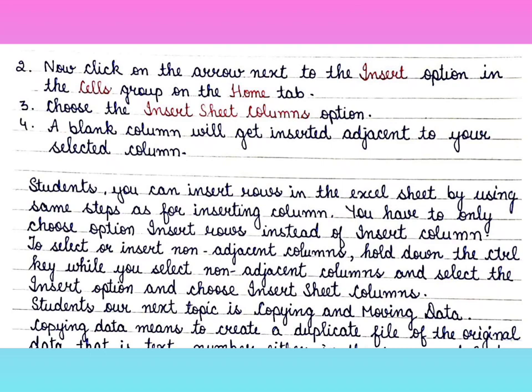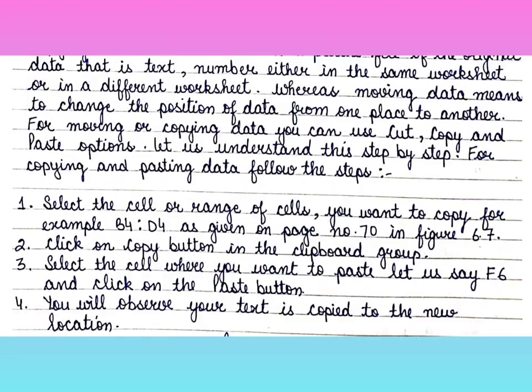Students, our next topic is copying and moving data. Copying data means to create a duplicate of the original data, that is text or number, either in the same worksheet or in a different worksheet.